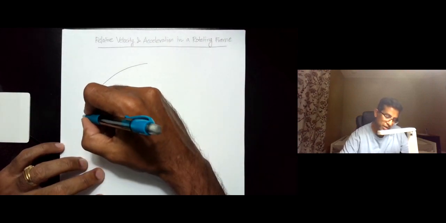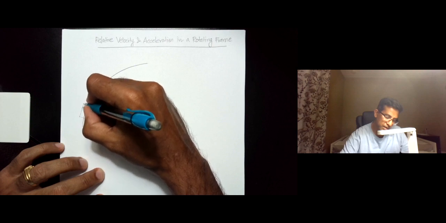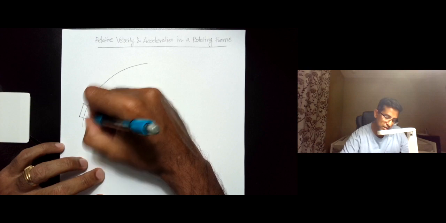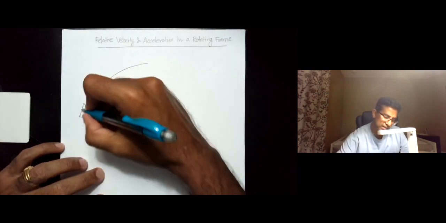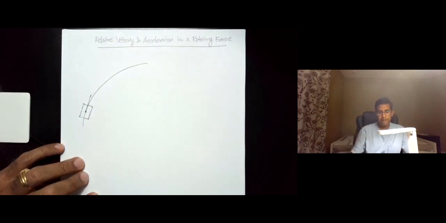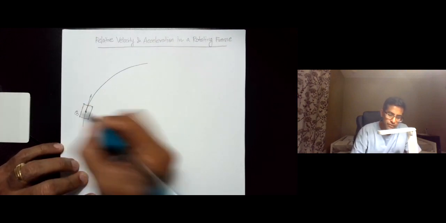At a particular instant, the vehicle is like this, and that's the geometric center. The geometric center has a velocity like that, and let's say that point is Q.